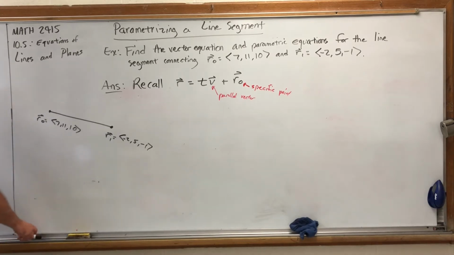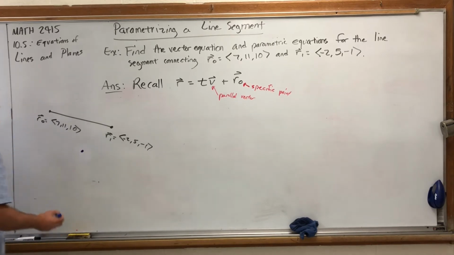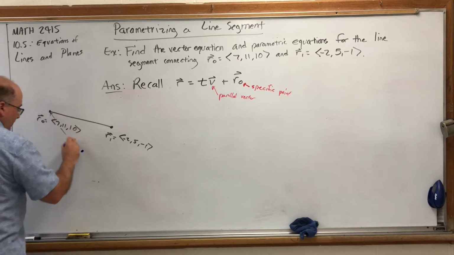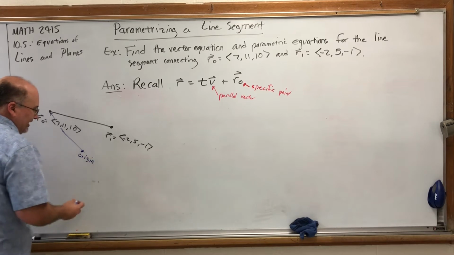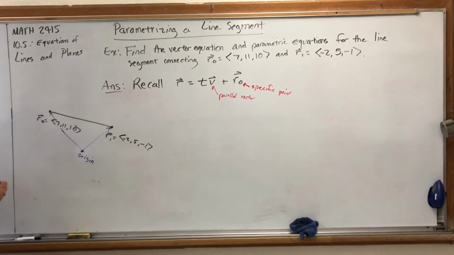Somewhere there's an origin. I just didn't draw the x and y axes. So let's put the origin here, so that when I say r0 as a vector, I really mean this vector from the origin. And when I say r1, I mean this vector from the origin.